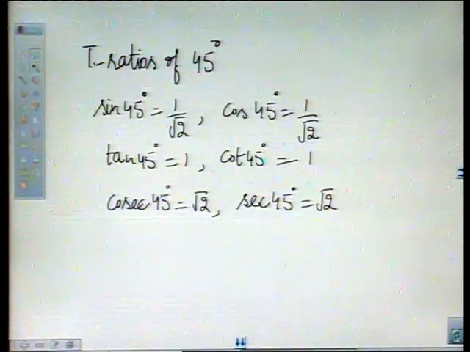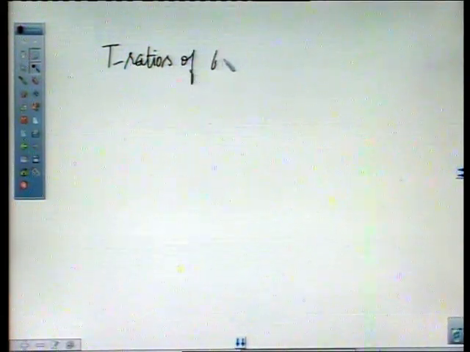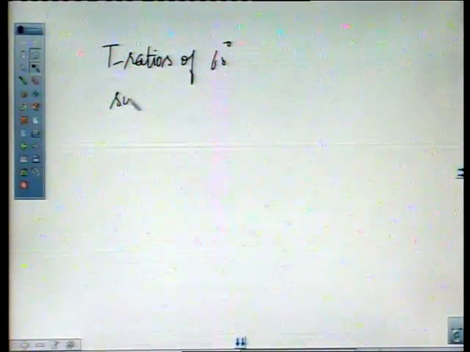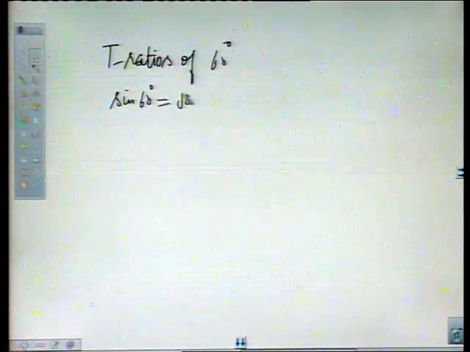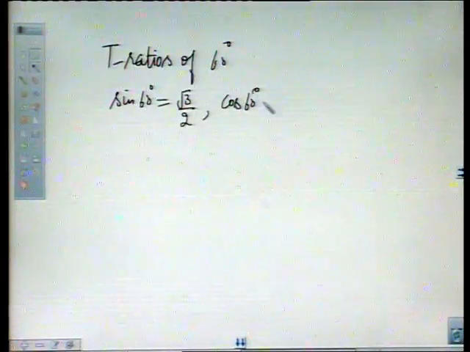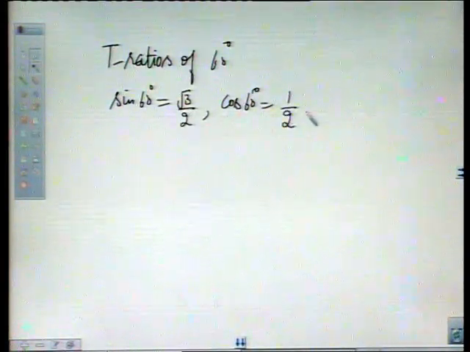Now the T ratios of 60 degree. We know the value of sine 60 is under root 3 by 2. Value of cos 60 is 1 by 2.